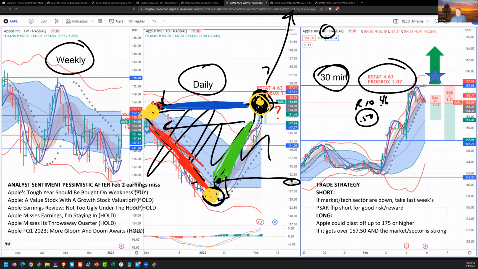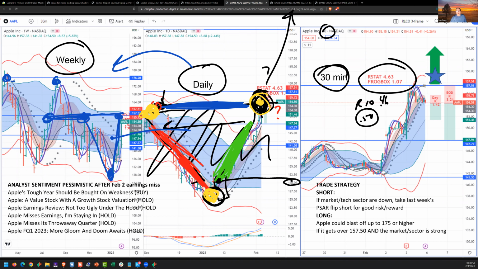Well, now we're going to go back to the weekly to see if we can get some more insight. So here we are at the top of that range. This little peak right here. Here's that little triangle that we see right there. So the last move from this price level took it to here and also took it to here.